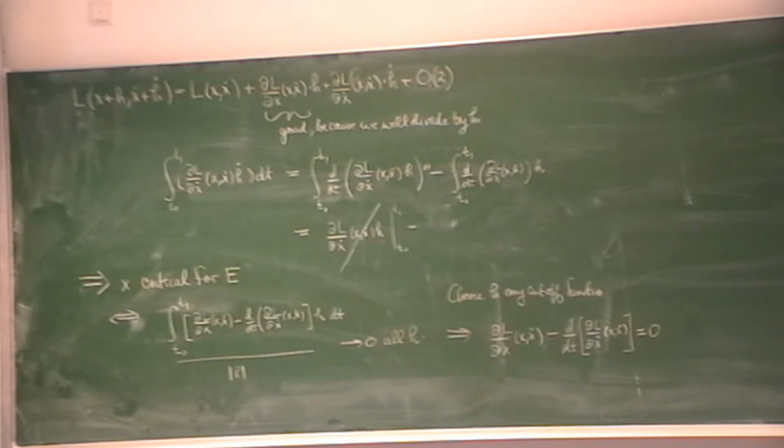Okay. So that limit has to vanish for all H. And now H is in my hands. Right? H is in my hands. I can take any perturbation of the curve in the space of all curves, which is a terrible space. But I take cutoff curves, if you like. I mean, you can see what I mean.